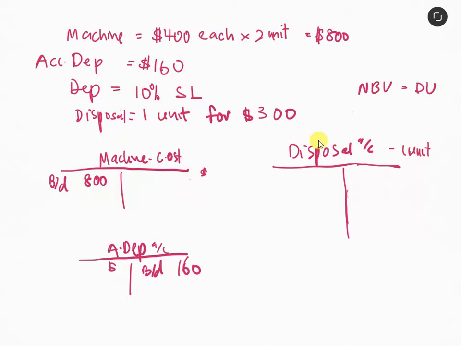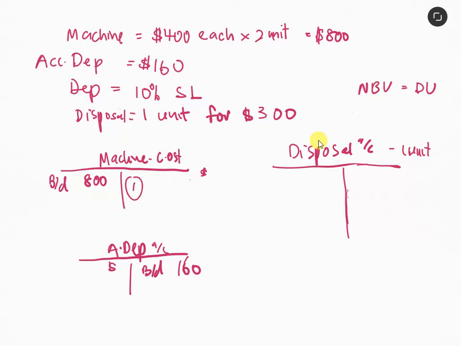Open the disposal account. How many steps? 4. The first 3 are more or less fixed, the last one is either gain or loss. Step 1, if I dispose 1 unit, transfer the cost of that 1 unit. How much? I bought at 400 per unit.